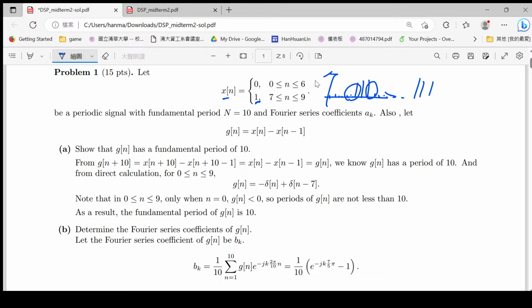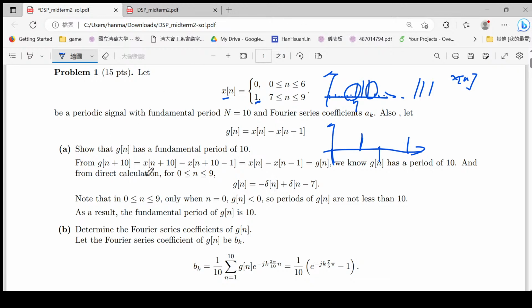So g of n, this is x of n, and g of n will have x of n minus x of n minus 1. So you will have 1 at this 7 point, and minus 1 at this 10 point. Okay, so that is g of n.